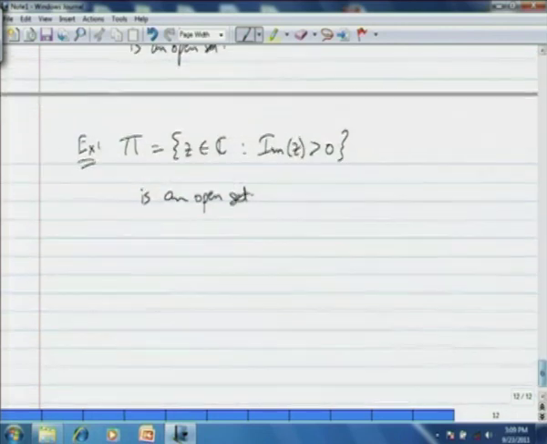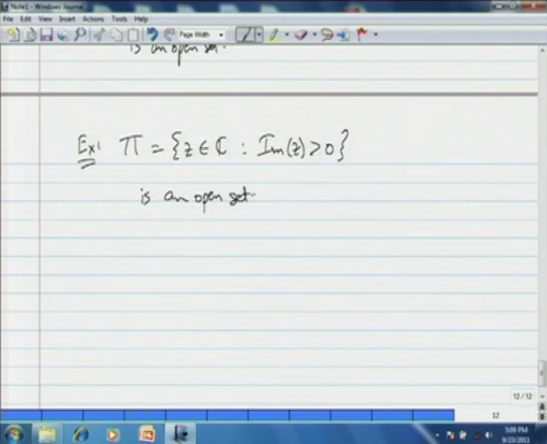Once again the argument to prove that this is an open set is fairly easy, and the viewer is encouraged to look at how to prove such a fact. Essentially, the idea is that the imaginary part of points in this set is strictly greater than 0. So, if you pick any point which is in this set, then you can find points around it whose imaginary part is still strictly greater than 0. So, the proof of this example is also a good exercise.